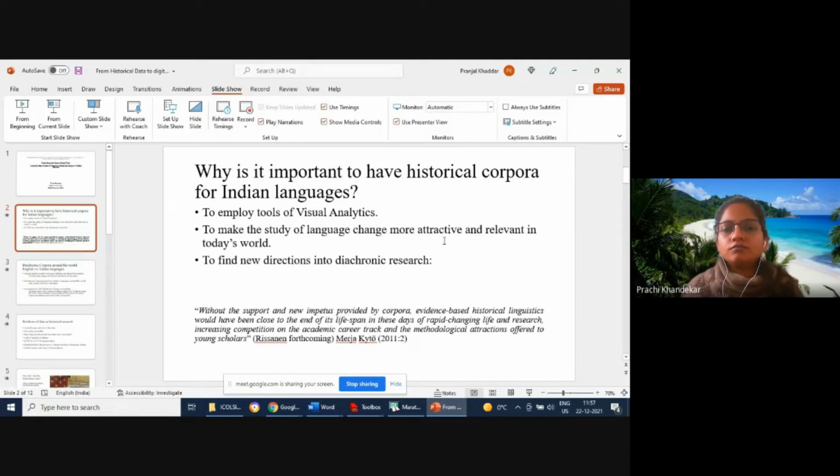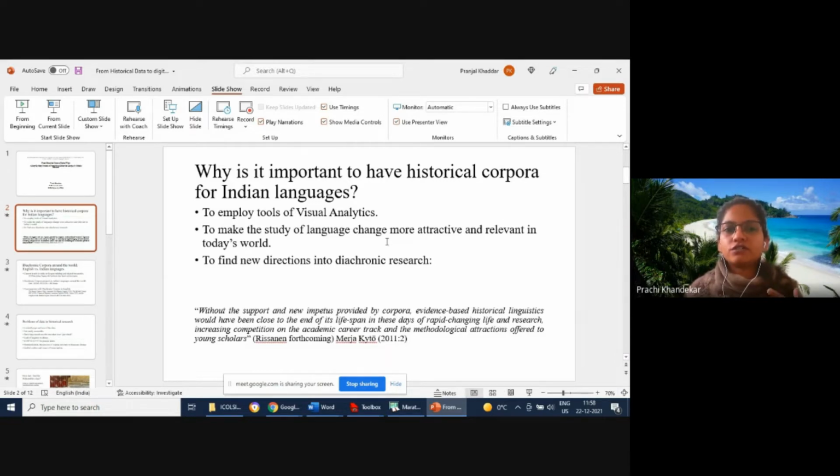The only problem is that the tools of visual analytics entail a prerequisite of having a sizable corpus of annotated historical data. So if we don't have that for Indian languages, we are missing out on these technical advances that are happening for the Western languages. Second is to make the study of language change more attractive for young scholars.